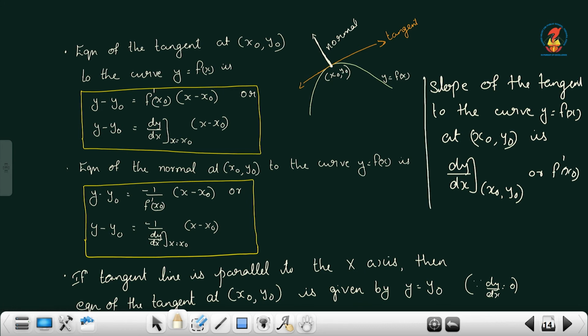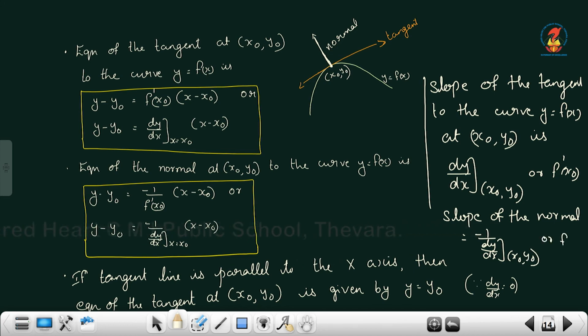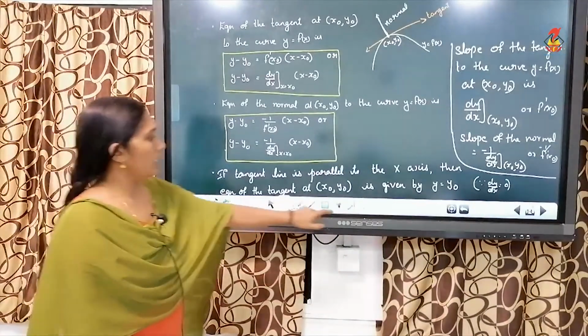First you write this, then you have to write the equation. Then the slope of the normal is equal to minus 1 by dy by dx at x0, y0, or minus 1 by f dash x0. Then write the equation of the normal. Both ways you can write.